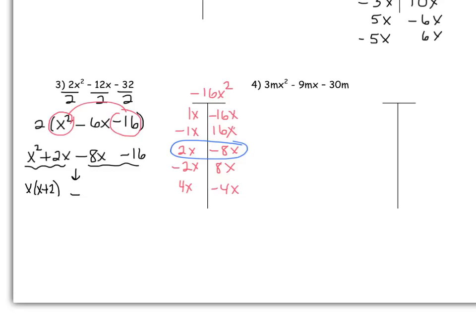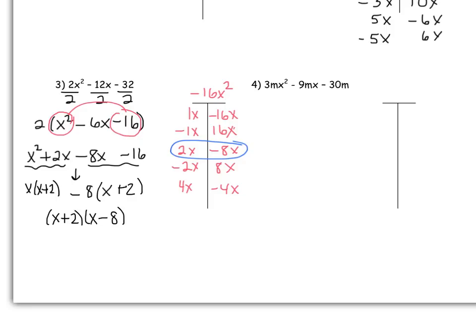What's the GCF between 8 and 16? You should be saying 8. But remember, you're taking out a negative 8 because you brought down that sign. So negative 8x divided by negative 8 is a positive x. Negative 16 divided by negative 8 is a positive 2. So we're left with x plus 2 times x minus 8.